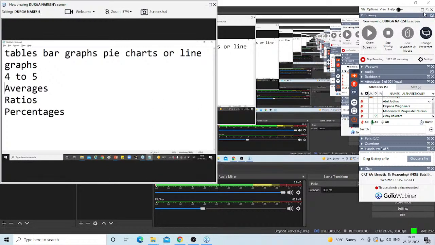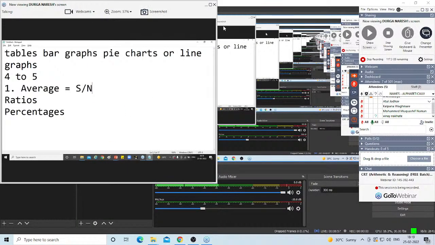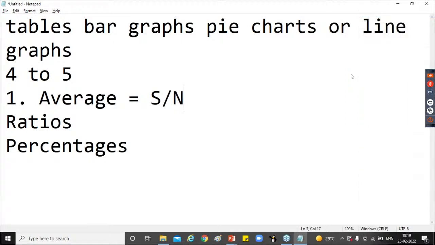Average is equal to the sum of the observations by the number of observations. Second point, that is the only thing you have to focus on.